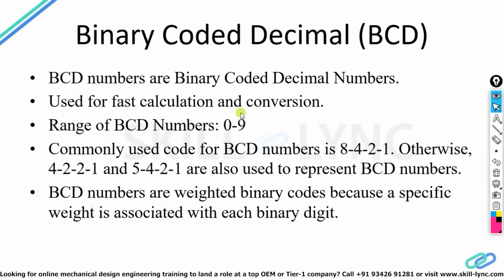The most commonly used BCD code is 8421, where 8421 depicts the weight of different bits in the combination of 4 bits, starting from MSB to LSB. The other BCD codes are 4221 and 5421, and these codes are weighted binary codes because each position of a number represents a specific weight.